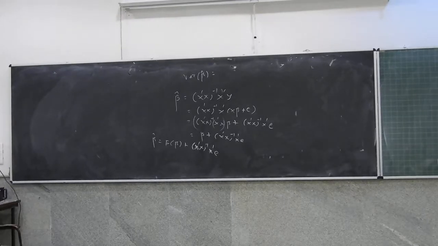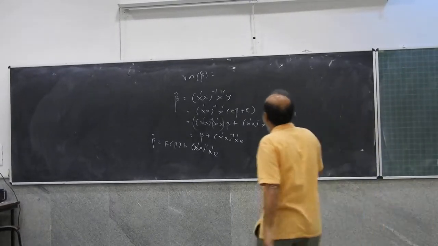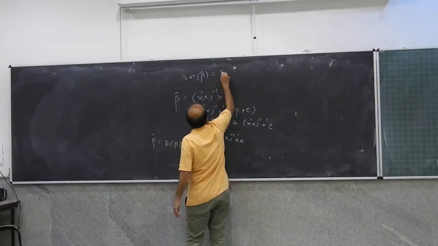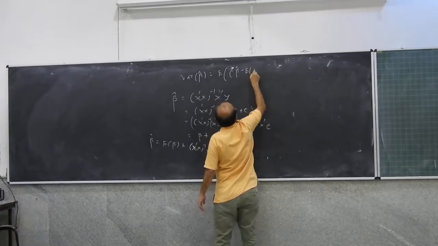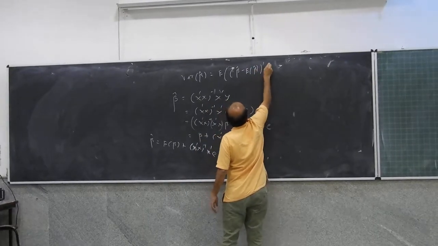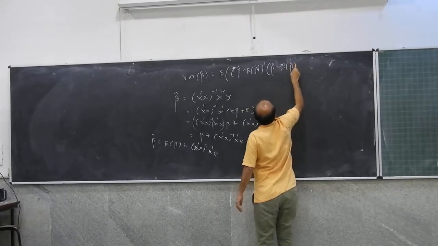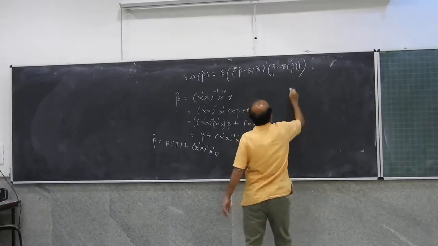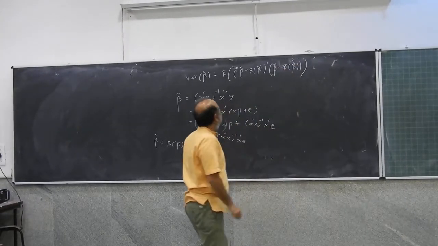X transpose x will give you the square. So we write this as: variance of beta hat is the expectation of beta hat minus expectation beta hat, transpose, times beta hat minus expectation beta hat, right?